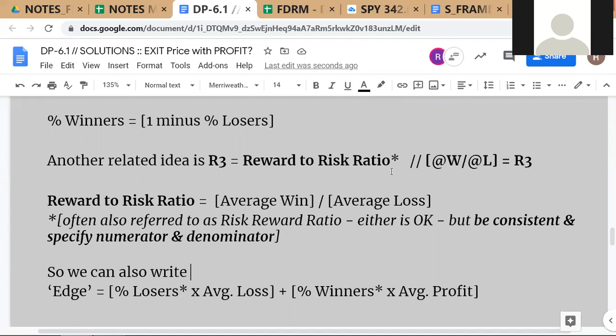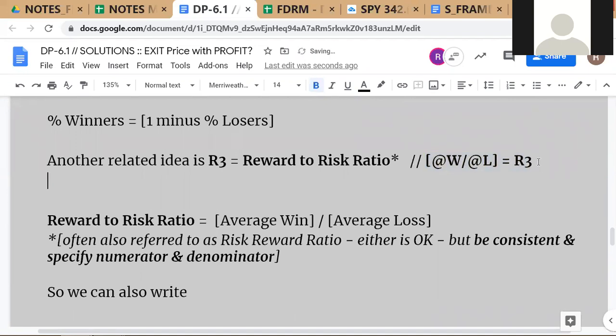Let me just do this here also so that we have this clear. Or we say average win is equal to R3 times average loss.